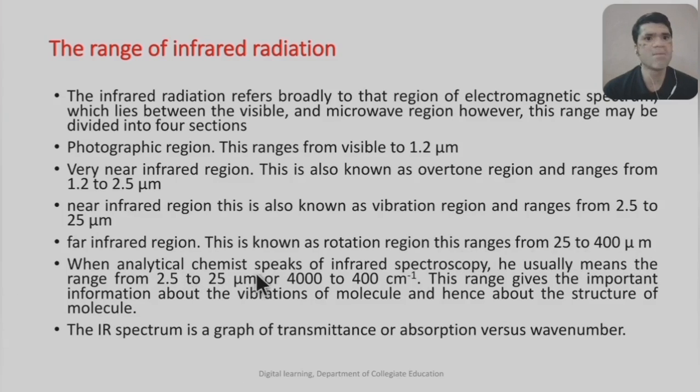When an analytical chemist speaks of infrared spectroscopy, he usually means the range from 2.5 to 25 micrometer, or 400 to 4000 per centimeter in terms of wave number. This range gives important information about the vibration of the molecule and hence about the structure of the molecule.